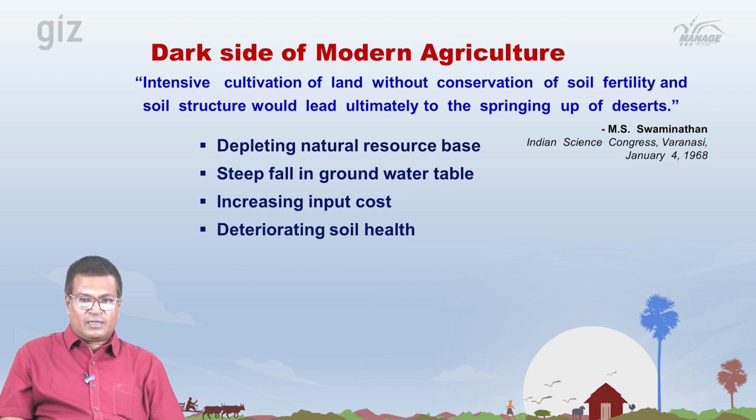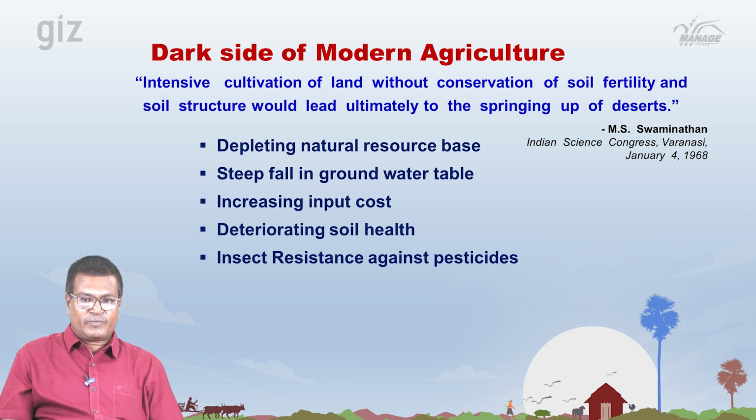The intention of these chemicals is mostly to ward off pests and diseases in the field, but against this intention, the pests are developing resistance towards the insecticides and fungicides being employed by the farmer. This again is becoming a threat for successful production. All these are adding to the cost of cultivation, by which the farmer is getting into debts, leading to a lot of misery, and sometimes even farmers are committing suicide, which is being witnessed in recent times.